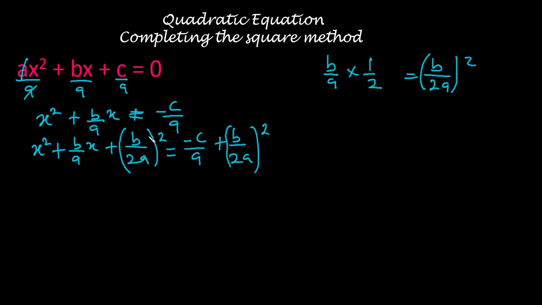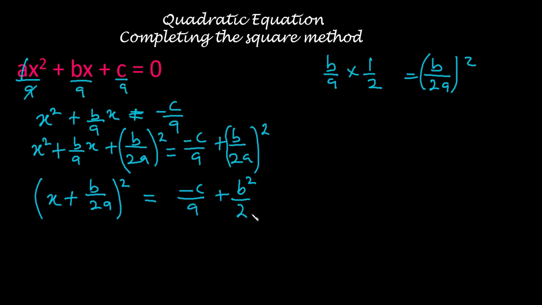Now if you want to find the square root of this, you pick our x, we pick the plus, then we pick b over 2a, then we square it. This will be equal to minus c over a plus b squared over 2a squared, which is 4a squared.